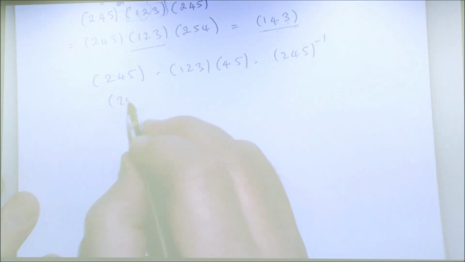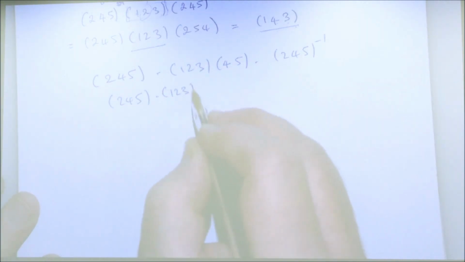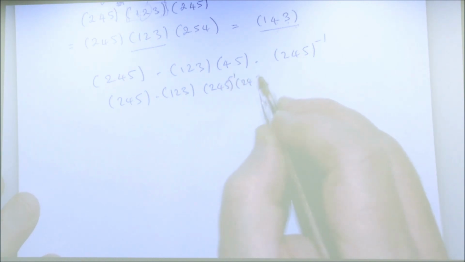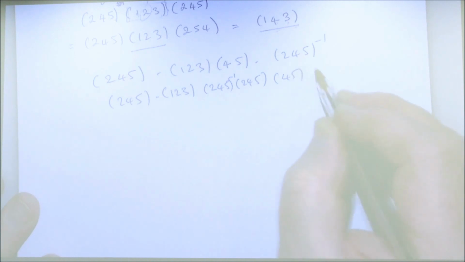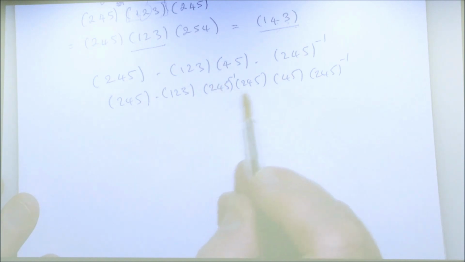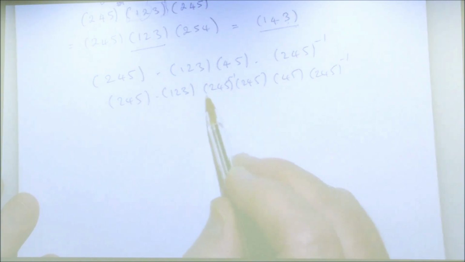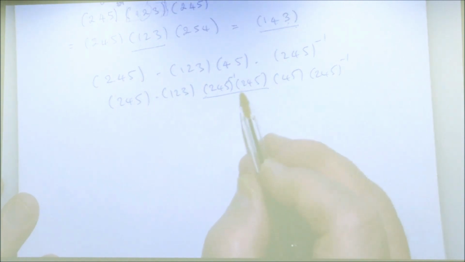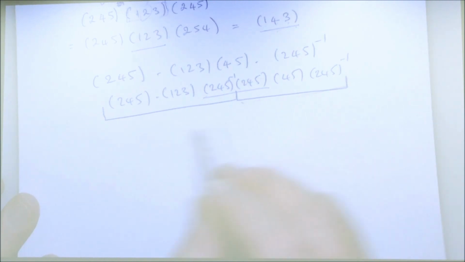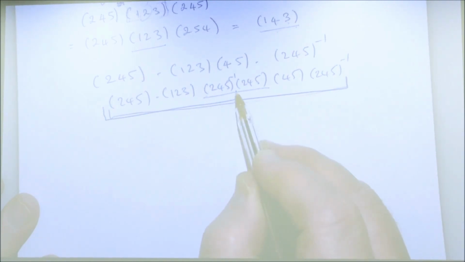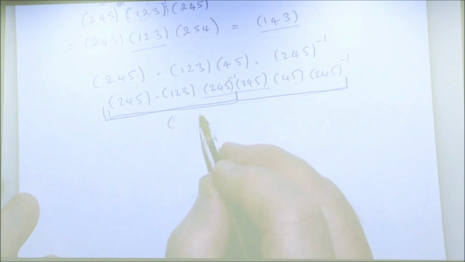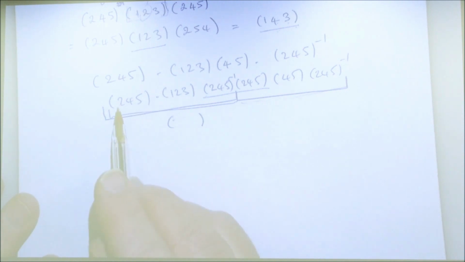Okay, well that's (2 4 5) times (1 2 3) times (2 4 5) inverse, times (2 4 5) times (4 5) times (2 4 5) inverse. Now what I've done is I've inserted the identity map in the middle, written like this. But when I've done that, you've got a conjugation times a conjugation. And you know how to do each of those two things. You simply substitute it, you take this cycle and you replace it according to this rule.